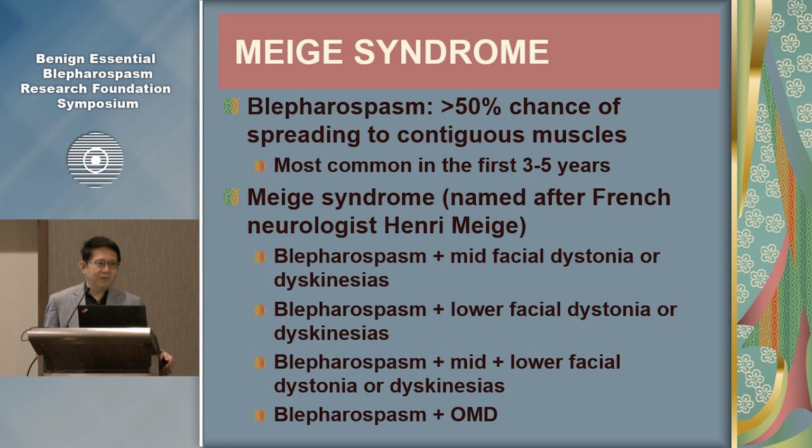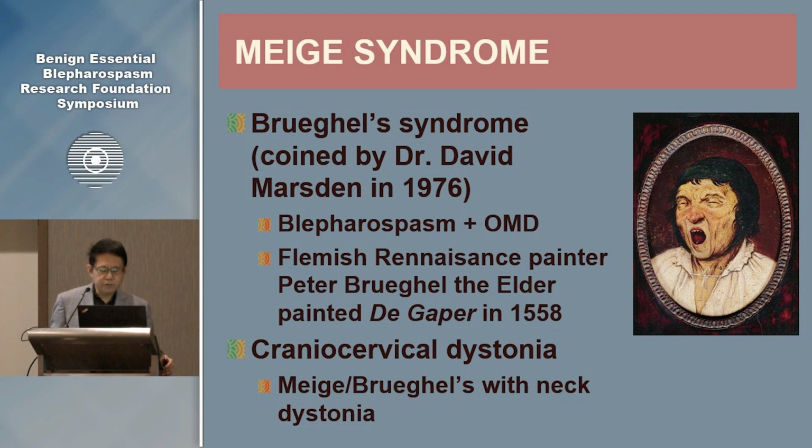Interestingly, although Bleph with mid or lower facial dystonia is now referred to as MEIGE syndrome, he only had one patient of those 10 that had jaw dystonia, and the other 9 actually had pure Bleph. So nowadays, when we see Bleph, and then down the road we see mid or lower facial movements or dystonia or dyskinesias, or if we see frank jaw dystonia, we refer to this as MEIGE syndrome.